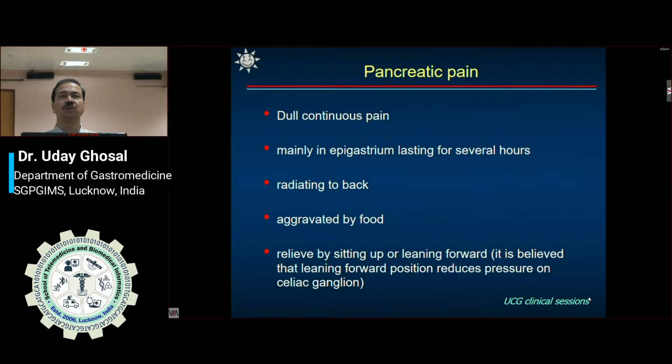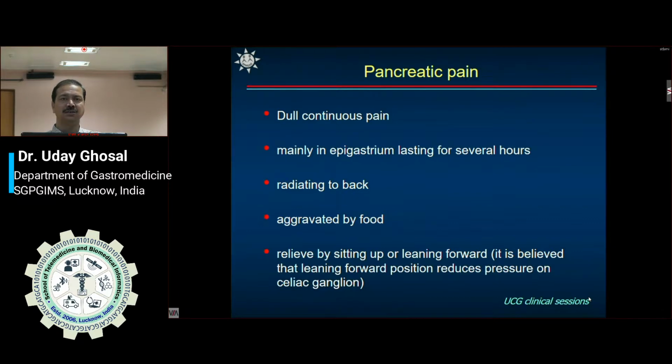So how will you differentiate it from gallbladder pain? Gallbladder pain may be in the right upper quadrant, but as I told you, in 25 to 30% gallbladder pain can be in the epigastrium. But typically, in gallbladder pain the onset is very acute and the maximum intensity occurs within a few minutes after the onset.